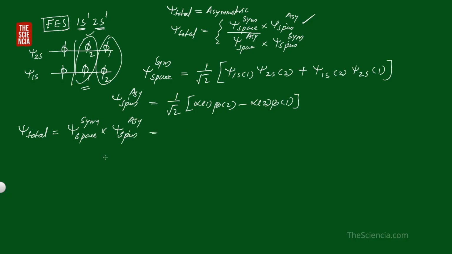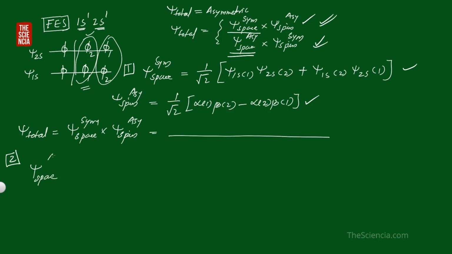You just multiply these two expressions and you will get the total wave function. So we got one of the combinations, this one, right? Now we have to check the other combination, where the space part is asymmetric. This was the first one; now we are going to find the second one, where the space part should be asymmetric.